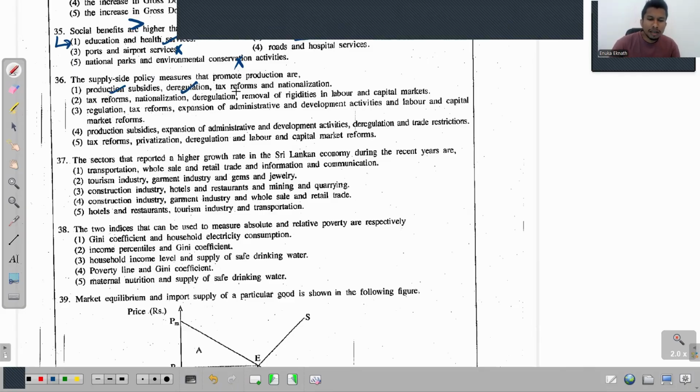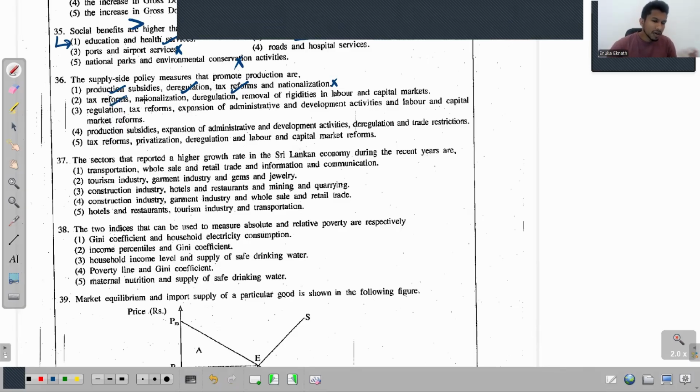Deregulation, true. Tax reforms in a favorable manner to the producers is true. And nationalization, no, that is wrong. It has to be privatization, not nationalization. So nationalization of the industries, of the businesses, is not going to promote production. So that's wrong. Then this is not the answer.